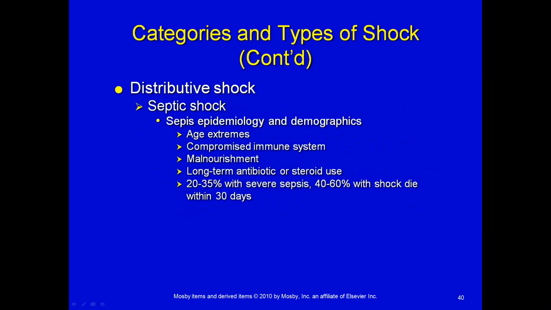Sepsis certainly affects the very young and the very old harder than the rest of us. Those with compromised immune systems can become septic. Those who are malnourished can become septic.